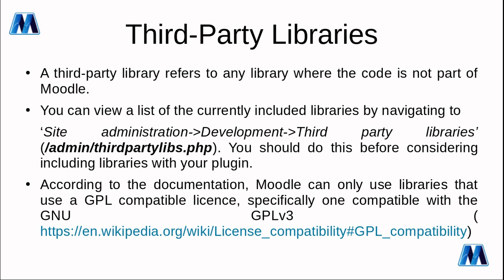You should actually do this before considering including libraries into your plugin, because it may already have been included. So according to the documentation, Moodle can only use libraries that use a GPL compatible license, specifically one compatible with the GPL version 3, and there's a link to the Wikipedia article about that type of license.